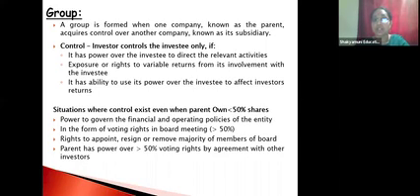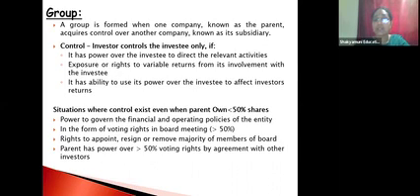If control is said to exist, this is the definition of control. And control exists even when the parent owns less than 50% shares. How will that come? That will come by agreement with the other investors. What are those powers? Power to govern the policies of the entity, whether financial policies or operating policies.